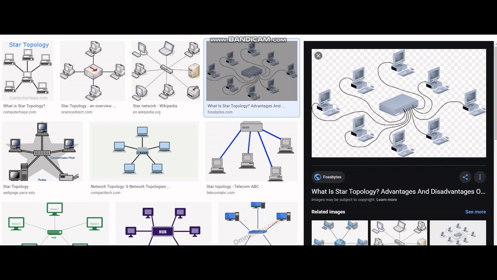Unlike mesh topology, star topology doesn't allow direct communication between devices. A device has to communicate through a hub. If one device wants to send data to another device, it has to first send the data to a hub, then the hub transmits the data to the designated device.